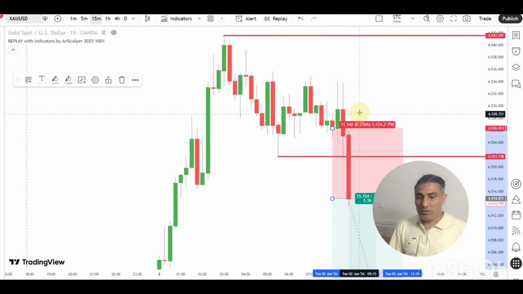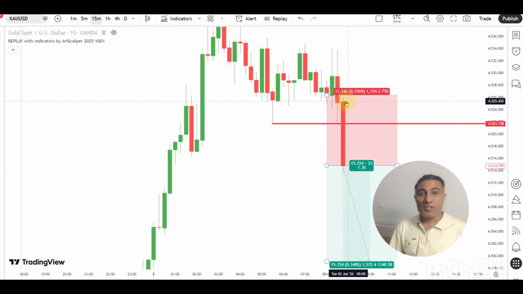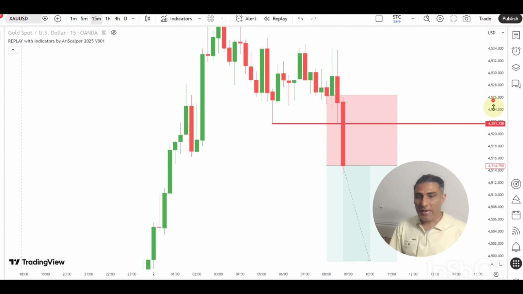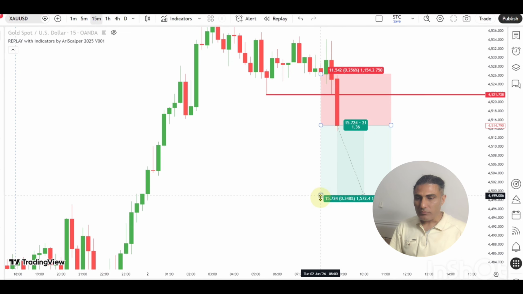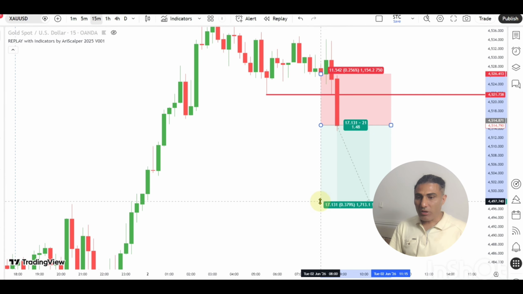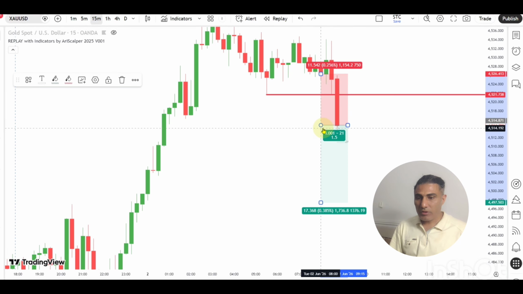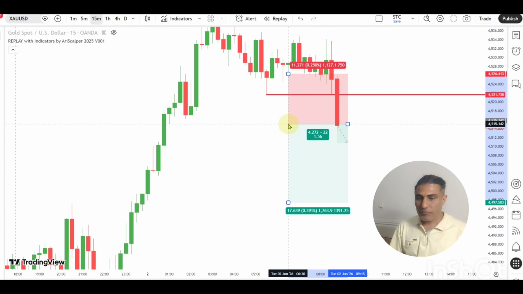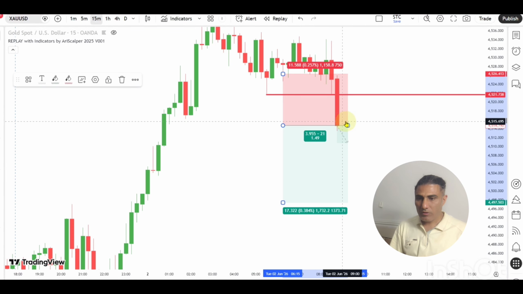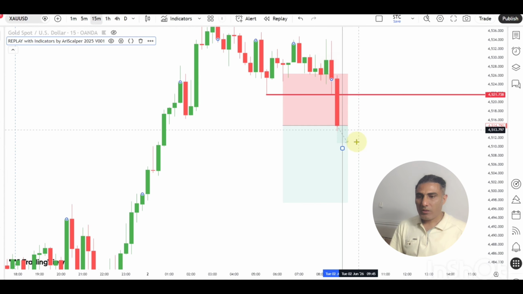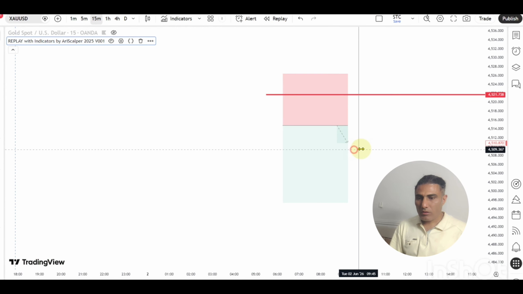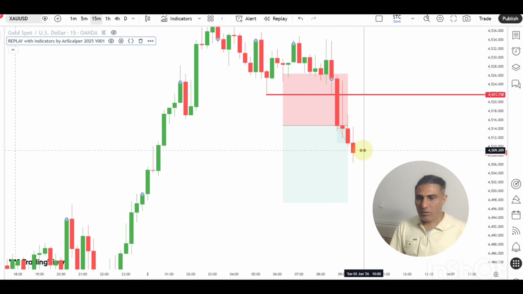The stop loss would be the high of the candle itself, and a risk reward ratio of 1 to 1.5. Okay. That's it.